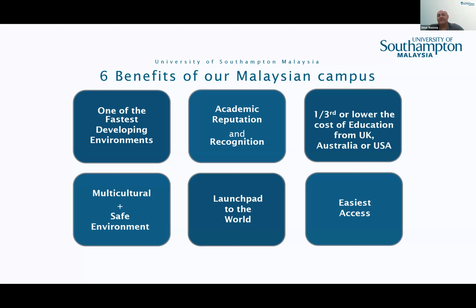Students have access to those and are exposed to them during their studies. Academic reputation and recognition: Malaysian universities have risen the fastest in QS and other international rankings. You've got universities in the top 300, top 200, top 100, and so on. So the academic reputation of the region is very high.